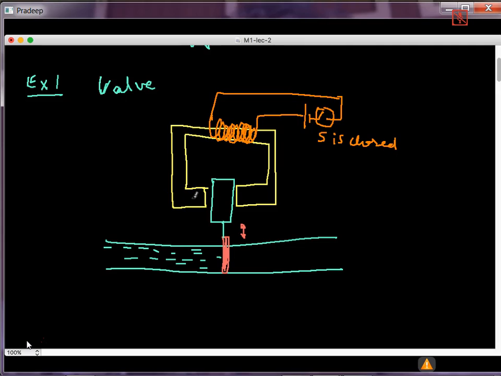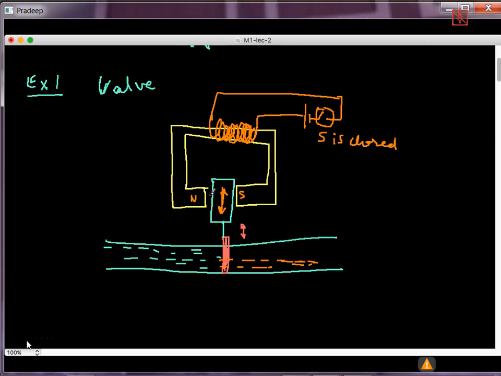Let's say this becomes north pole and this becomes south pole, and in between there is another magnetic material, and it will get attracted and move upwards. Then it opens the valve, thereby water can flow from below. This way, through the switch, I can control the water flowing in the valve. If I open the switch, the magnetism is lost, this thing will move down, and finally it will close the valve, and water will not flow.